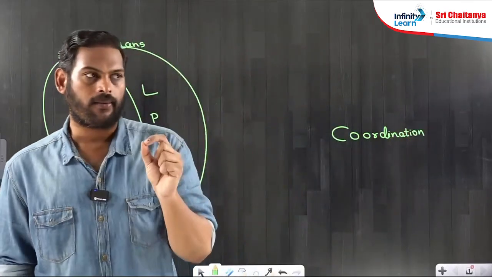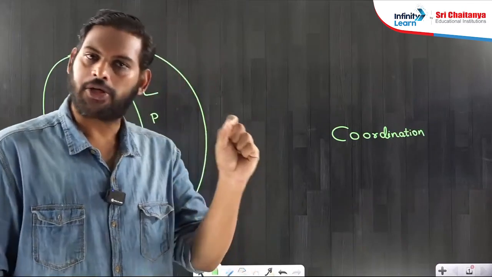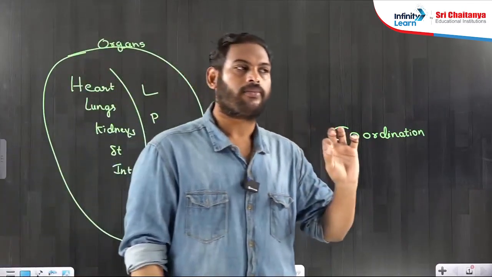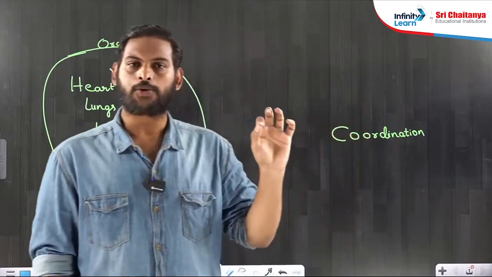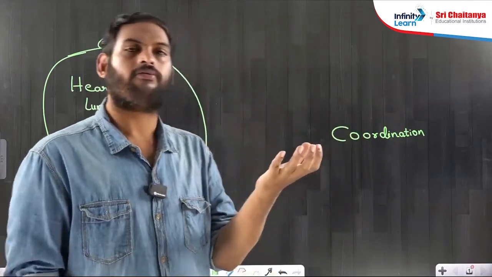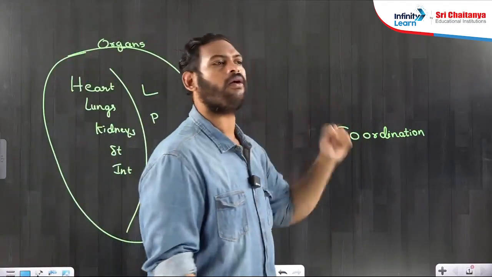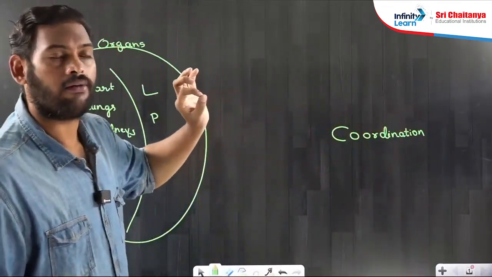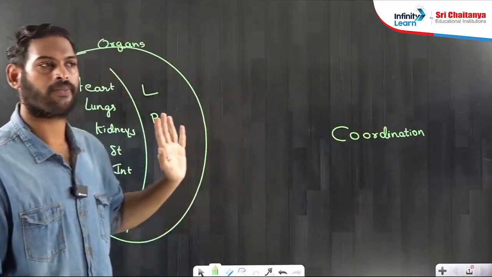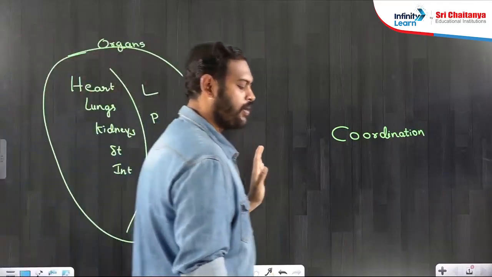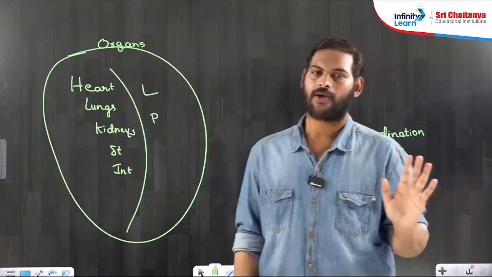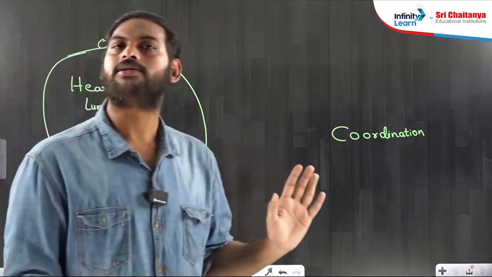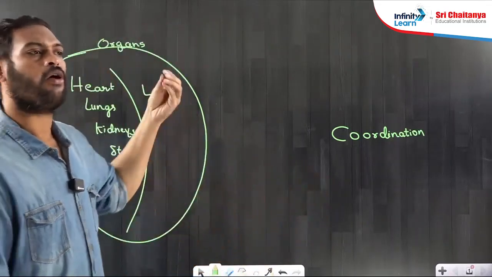Every organ will communicate with each other and will decide at what time they may act. So that communication is referred to as coordination. And all these organs have a boss. There is a head of this organ system, a head of your body organ systems, head for every organ also.